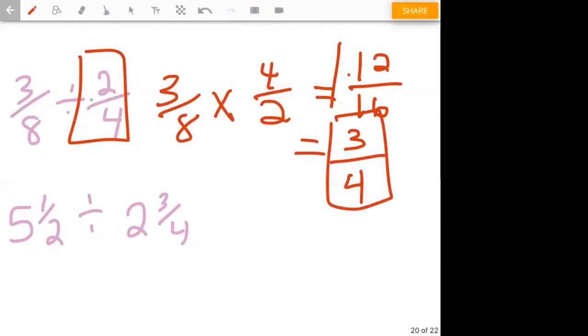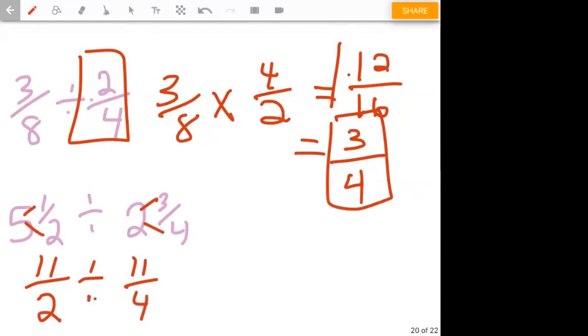And then this last one, when you have mixed numbers, so like 5 1/2, when you divide those, you want to change them to an improper fraction, which means you do 5 times 2 is 10, plus the 1 is 11, so that's the same as 11/2. And then change this, so you do 4 times 2 is 8, plus 3 is 11/4.